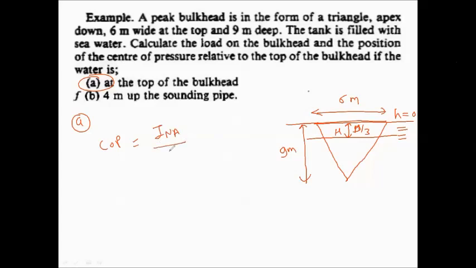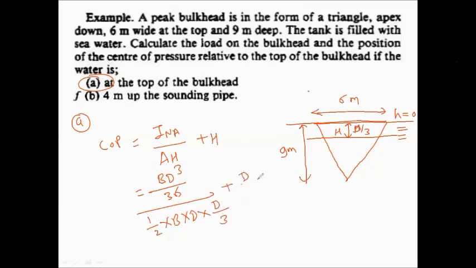INA divided by AH plus H. So what is INA? It will be BD cube by 36 divided by half into B into D into H, which will be D by 3, plus D by 3.